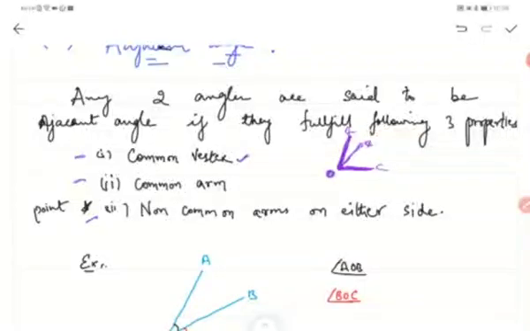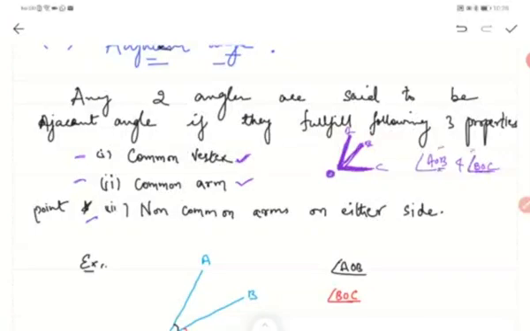First thing is it should have a common vertex, and the second is a common arm. In this figure, for angle AOB and angle BOC, you have the common arm OB. So if I take angle AOB and angle BOC, they have a common vertex and a common arm, so these two angles satisfy the first two rules.